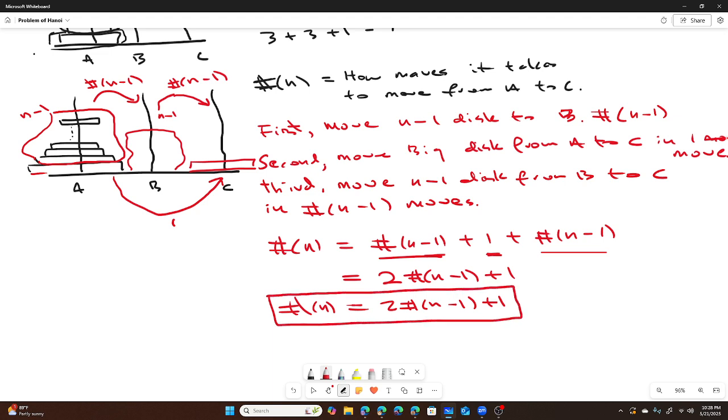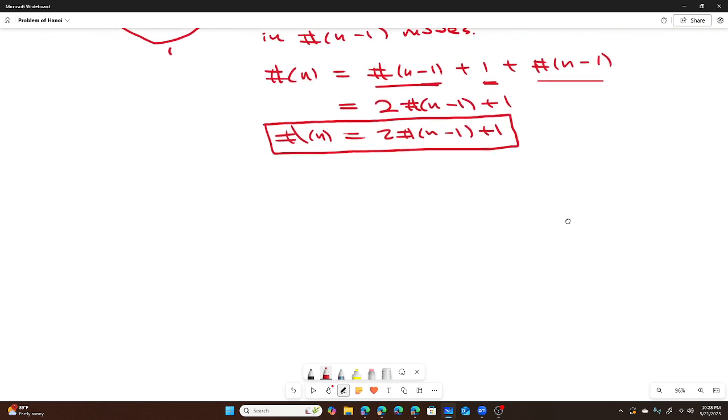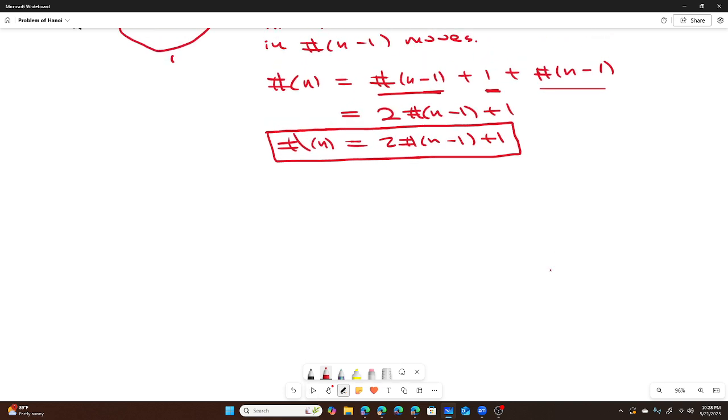Okay, and we could look at some possibilities. We could maybe draw a table where n is on the left and this function's value is on the right. If there is one disk, we know that it takes one move.